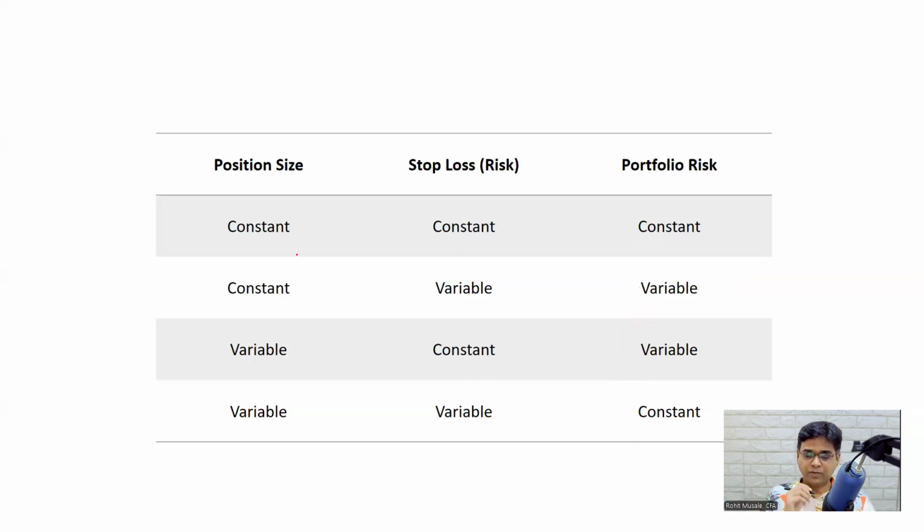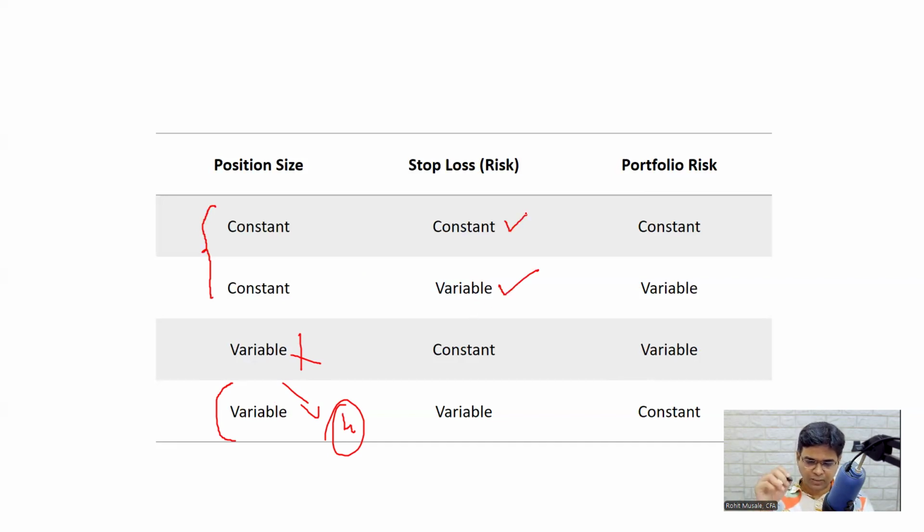I will tell you which system is ideal to be used when. When the market is very forgiving, when the market is good, and if the breakouts are working, like if you have five stocks on your watch list and you see three or four of them moving up, okay, that's a good market. In that market, you should be using this system number four. This system should never be used when the market is choppy, when the market is bumpy, when the market is very volatile. You should be using these two systems, because here your overall risk is limited.